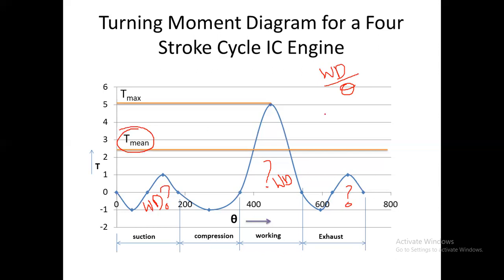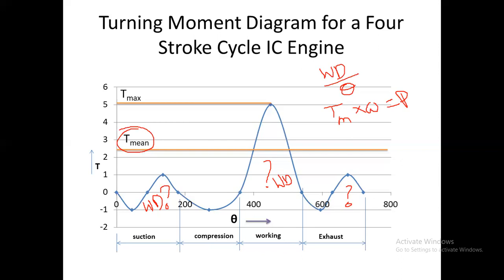Then if I multiply this mean torque by the angular velocity of the crank, that is omega, this will give you the power developed by the engine.